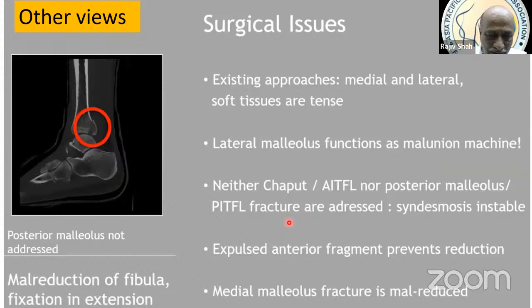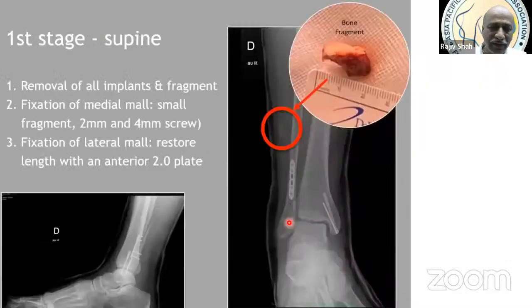And the medial malleolus fracture was a malunion. So first stage, in the supine position, all the implants were removed. Fragments were removed, fixation of the medial malleolus with small fragment screws, fixation of the lateral malleolus with restoration of the length with an anterior plate. You can see it here.